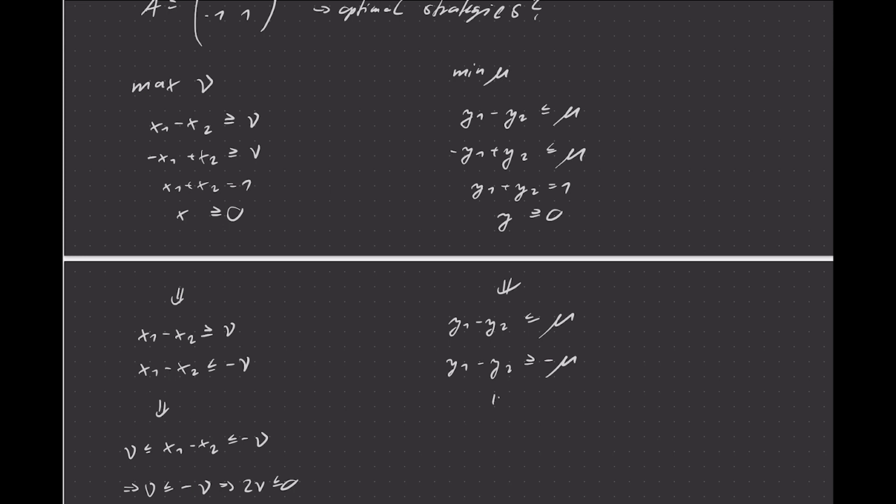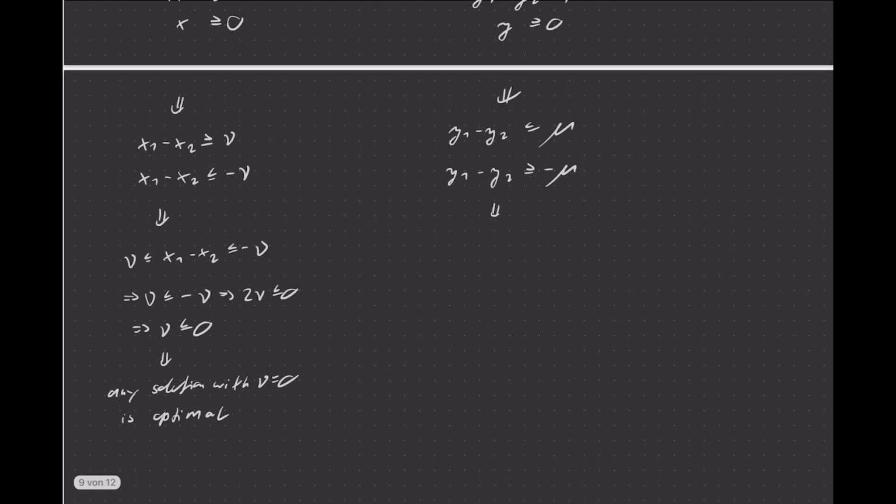And that yields minus mu is less or equal to y1 minus y2. That's the second inequality. And that by the first inequality is less or equal to mu. So altogether what we have is minus mu is less or equal to mu, or 2 mu is greater or equal to 0, or simply mu is greater or equal to 0.